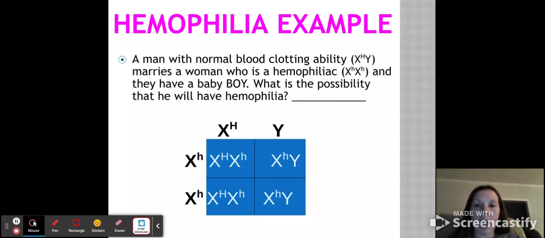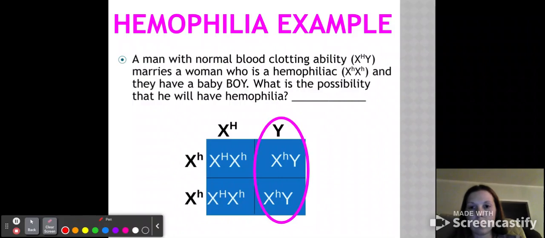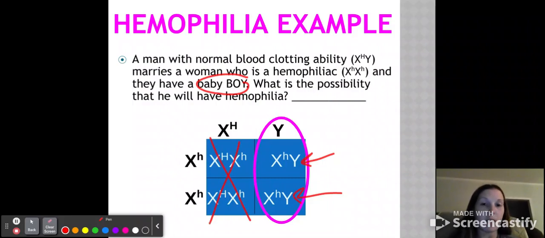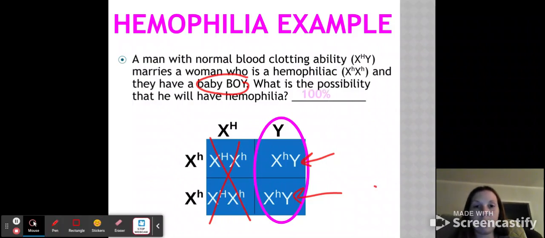Remember, they said baby boy, which means we have to look at the ones with the Y's. We don't care about these because those are the girls. We are looking specifically at the boys. So when you look at these, you can see that the possibility of the boy having hemophilia is 100% because they have no chance at an uppercase X, since that has to come from the mom.